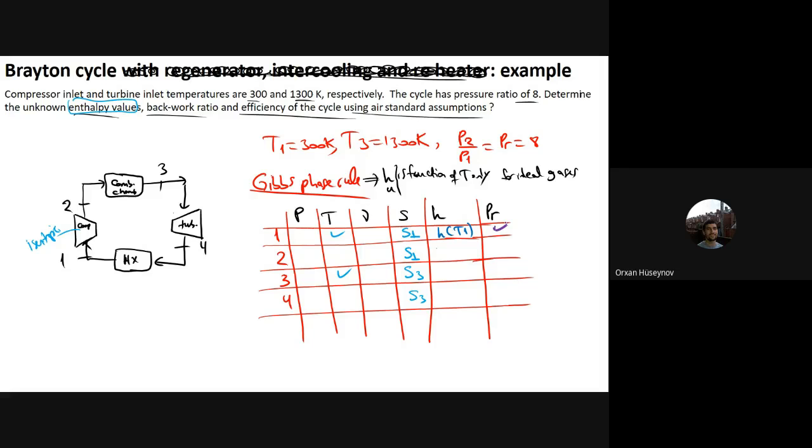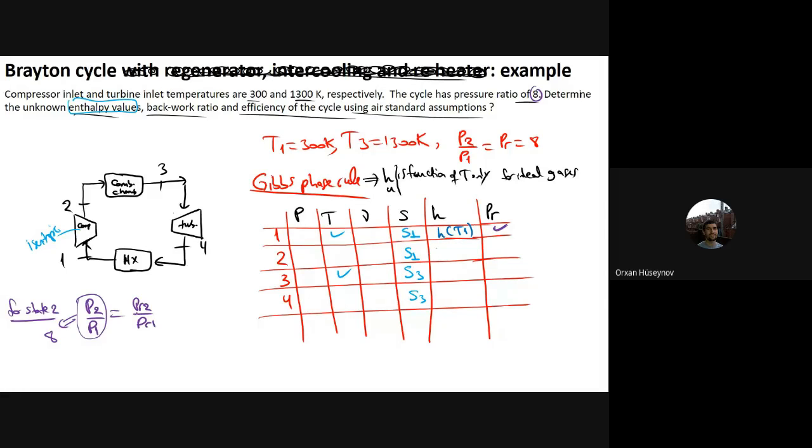Since I know the pressure ratio, for state 2 I know that P2 by P1 is equal to PR2 by PR1, and P2 by P1 is given in the question as 8.